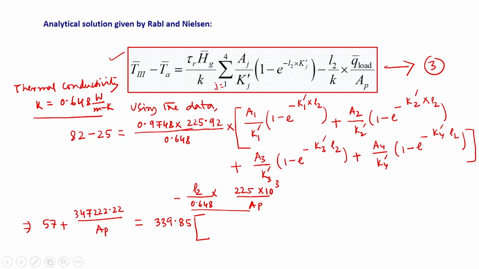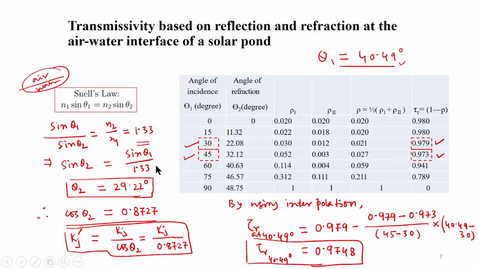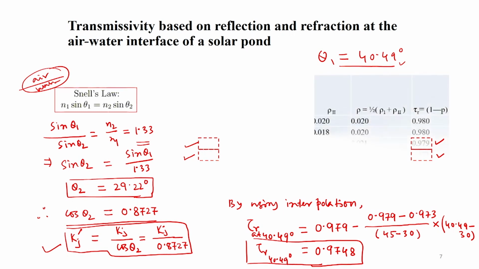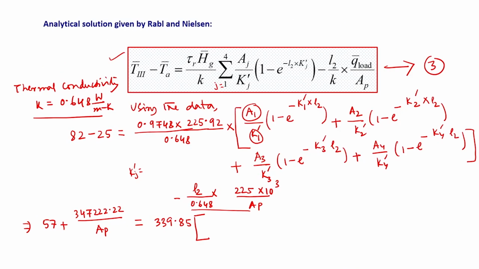Now, we will substitute, and these values are known to us. These values are known to us, and of course, we know this Kj bar, we have already done. Let us show what this is. Kj dash is Kj by cos of theta 2. Okay. So, that way we know what Kj is here, and these values A1, A2, A3, A4, all the values are known to us.